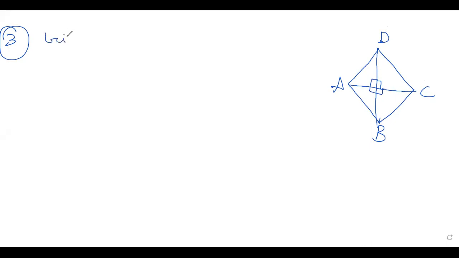What is given here? ABCD is a rhombus. Sorry, they have not given it as a rhombus. You are going to prove it is a rhombus, right? ABCD is a quadrilateral. They are not saying it is a rhombus, but you are going to prove it is a rhombus.